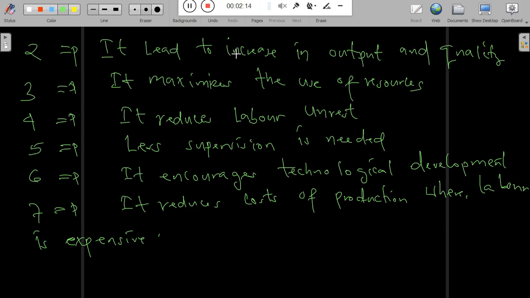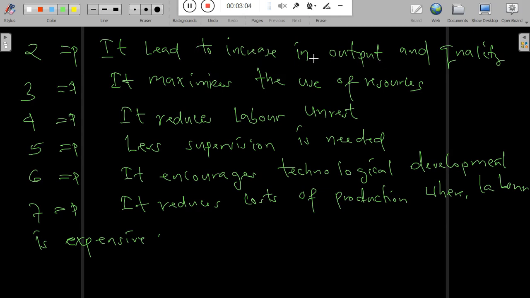It also leads to increased output and quality, since the use of capital involves less supervision of an individual to control the machine. A machine, like a robot, cannot get tired as a human being does, so it can perform a great job, better than a human being.